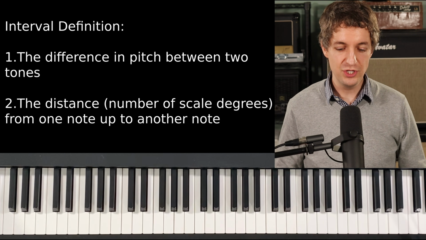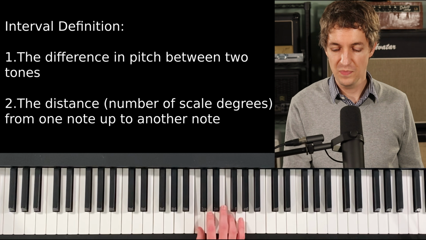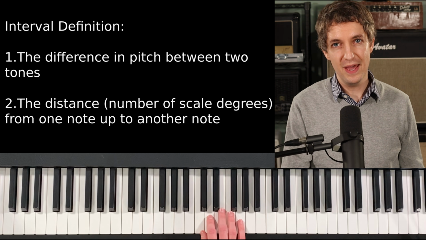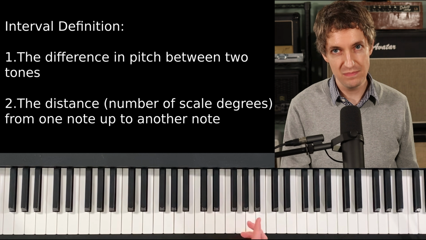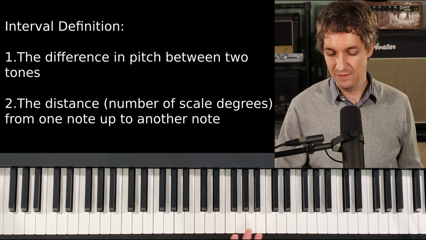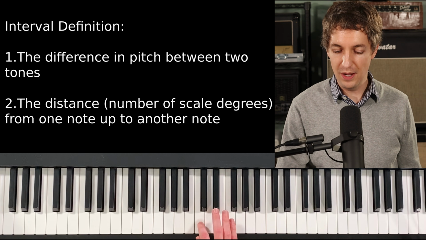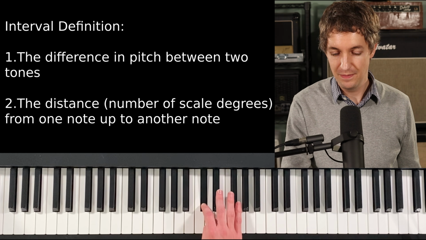Now, one thing that we could do if we played two notes, like if I did this, okay, and I played two notes like that, C to F, we could count half steps. Now, a half step is going to be the smallest distance in music that we travel, right? So if I'm on a C here, one note up, the very next note, white key or black key, that would be a half step up, right?